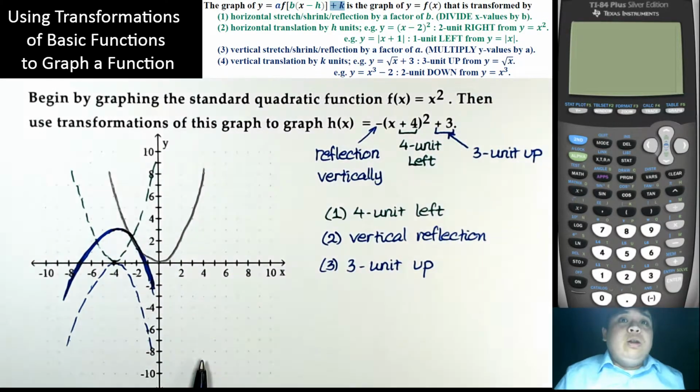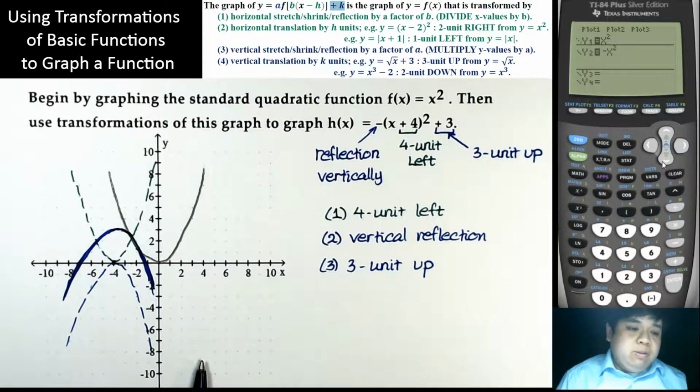Now let's confirm with the calculator. Right, we have x squared. Now we're going to graph minus (x plus 4) squared plus 3.